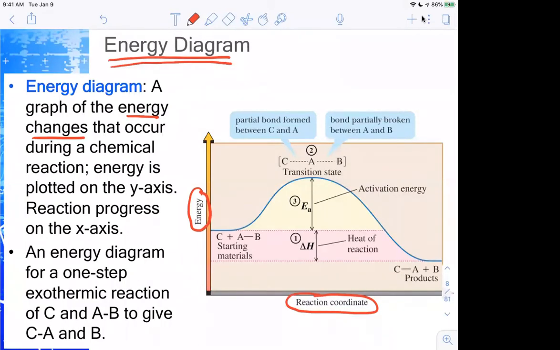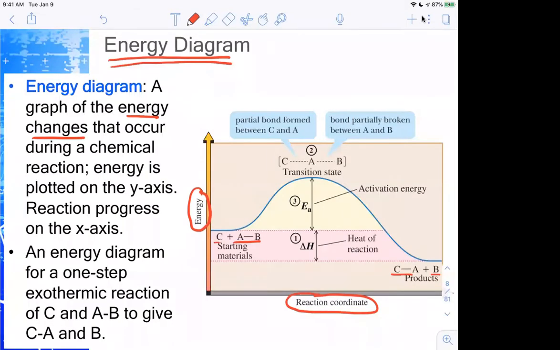So this is an example where I have C plus AB reacting to form CA plus B. So this would be considered a one-step reaction because I have one transition state that's actually formed.